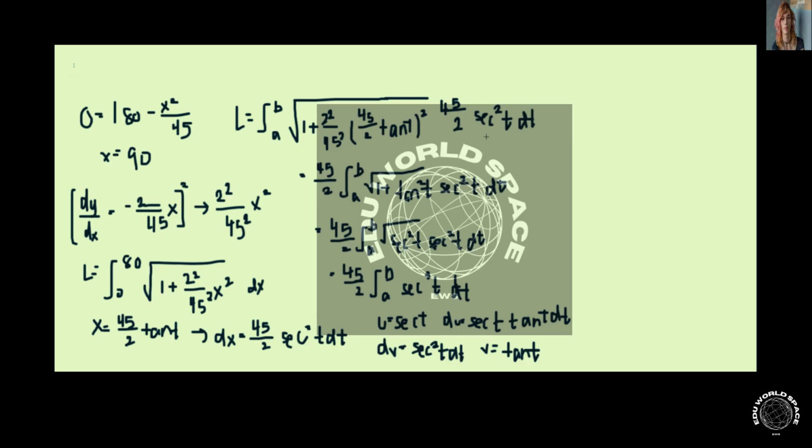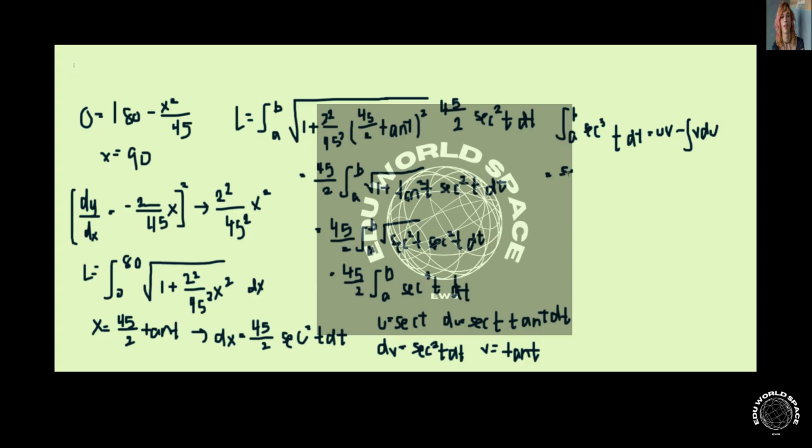So when we do integration by parts, we have the integral from A to B of secant cubed t dt is equal to uv minus the integral of v du.